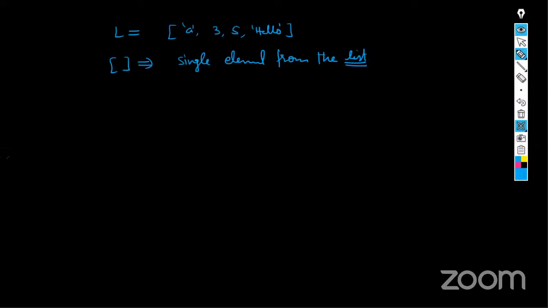Now, your objective is that you want a slice of things from the list. For example, you want to extract these two values simultaneously. How can you do it? For that purpose, there is another operator. This is one method for a single value. Another method is the slicing operator.